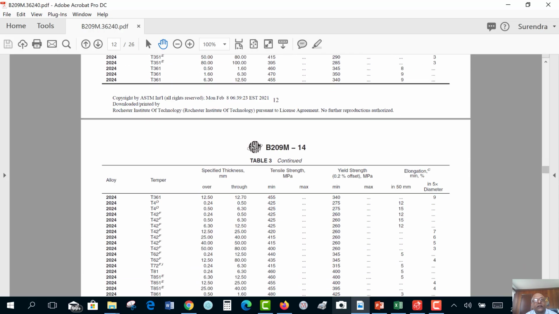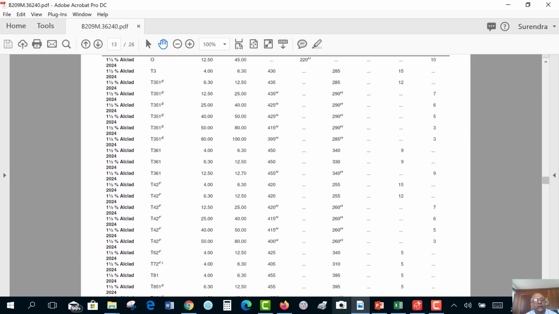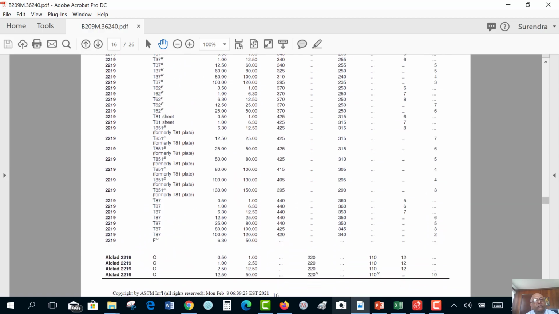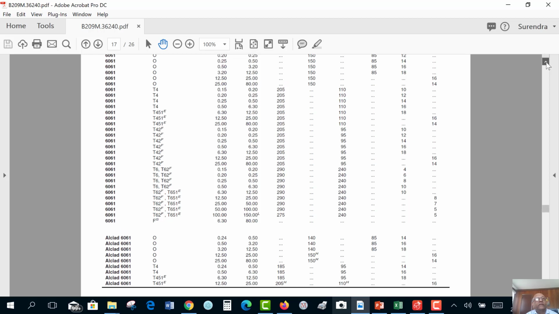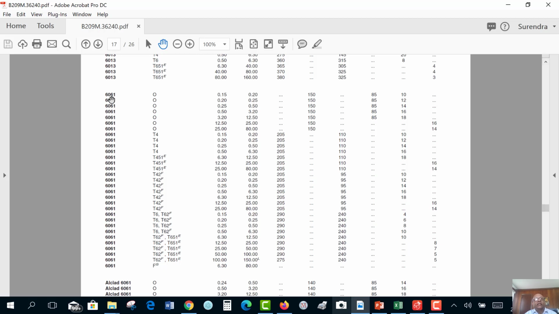So we search through our properties. Here is 6061. So 6061, T0, this is the minimum and maximum thickness. Remember, our thickness was 1/16 of an inch, which is like 1.6 millimeters.